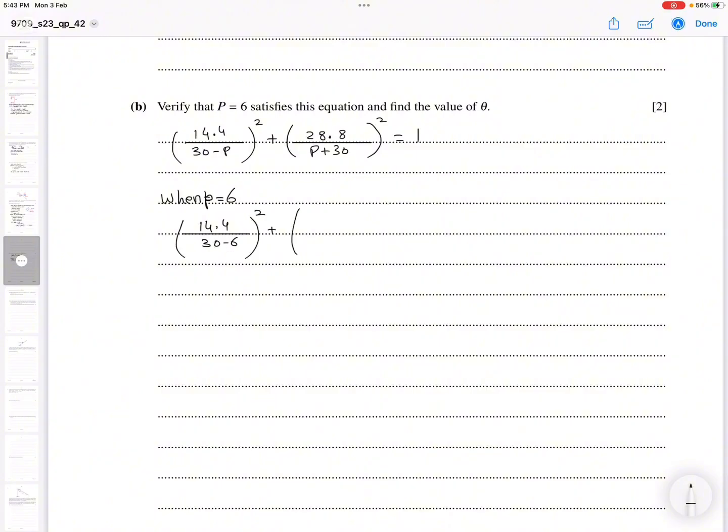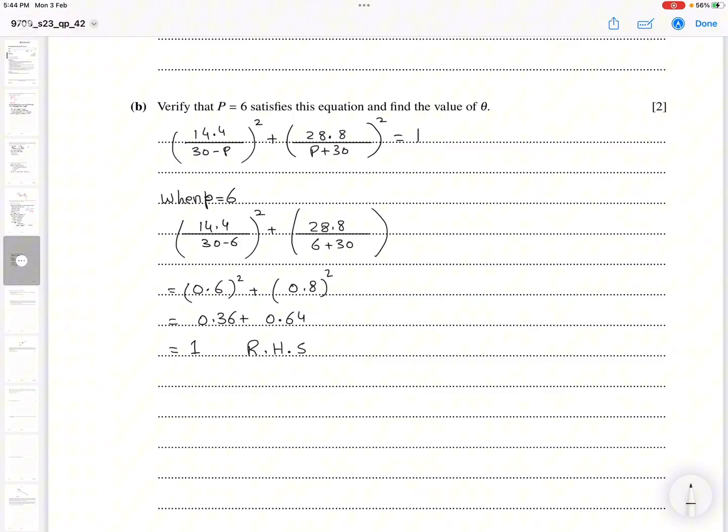plus 28.8 over 6 plus 30. I'm using the left hand side only. Now if I solve it, I will get 0.6 squared plus 0.8 squared, and further when you solve it you will get 0.36 plus 0.64, and finally you will get 1, which is your right hand side.